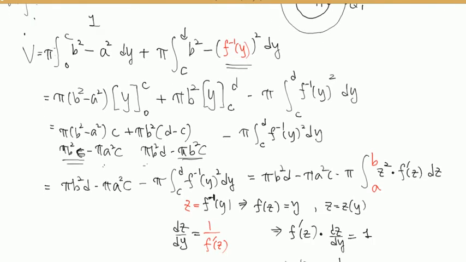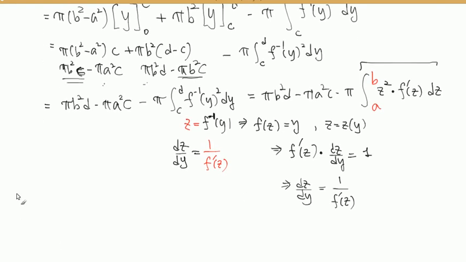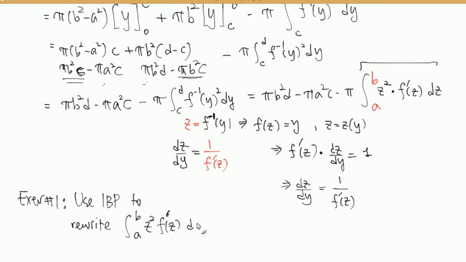First exercise, you take just that part. I'm going to state it separately. Take that part, do integration by parts. All right? So exercise number 1, amongst this mess, here's the one problem I separated. Use integration by parts to rewrite this integral from a to b, z squared f prime of z dz.